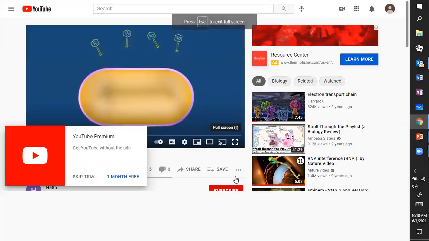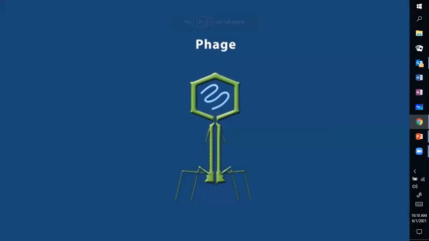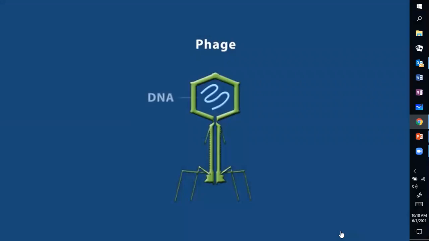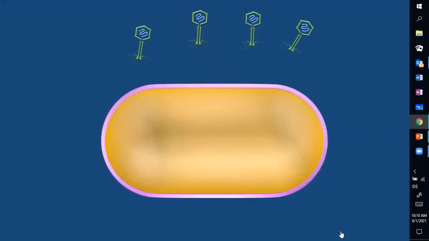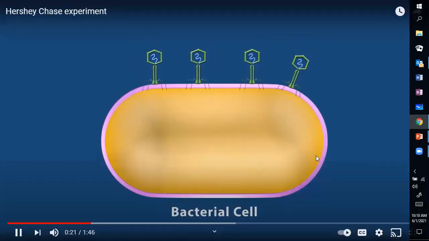In the Hershey-Chase experiment, bacterial viruses called phage were used to demonstrate that DNA is the genetic material. The phage used in this experiment consisted of a DNA molecule surrounded by a protein coat. When phage infects bacteria, they attach to the surface of the bacterium and inject the DNA into the cell.